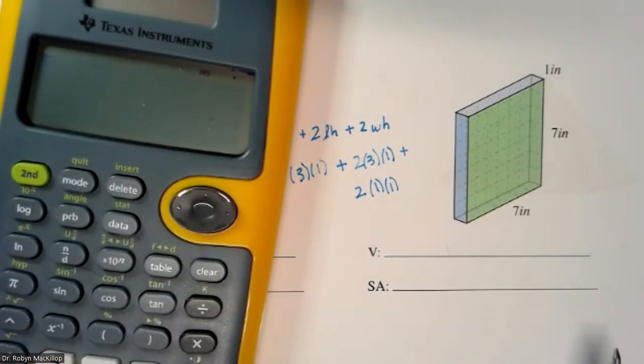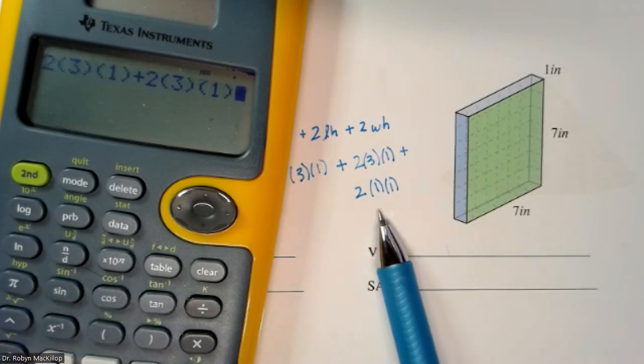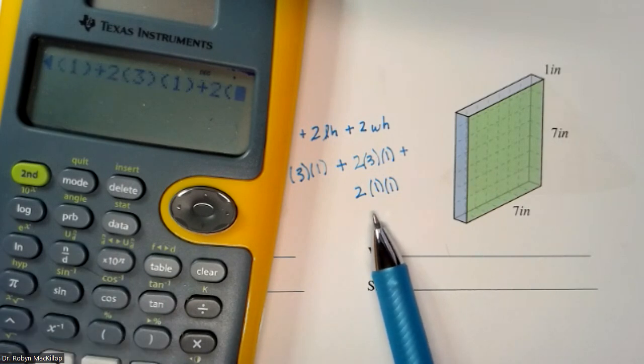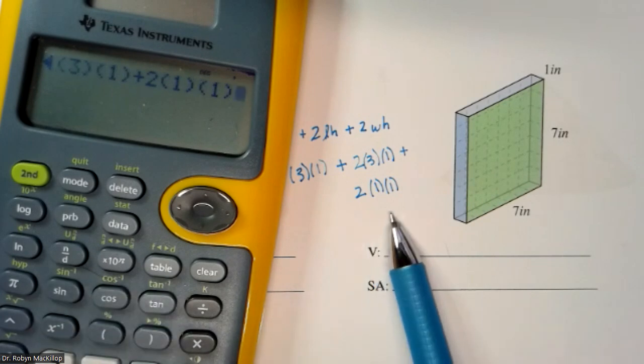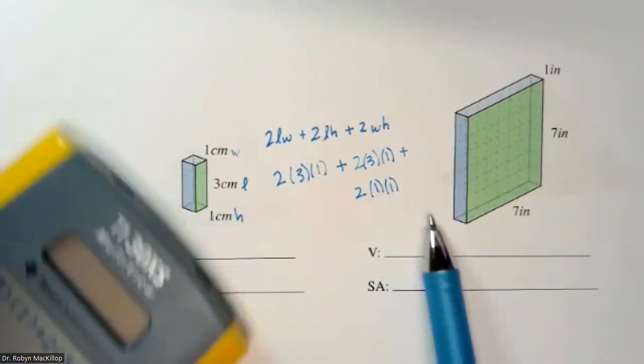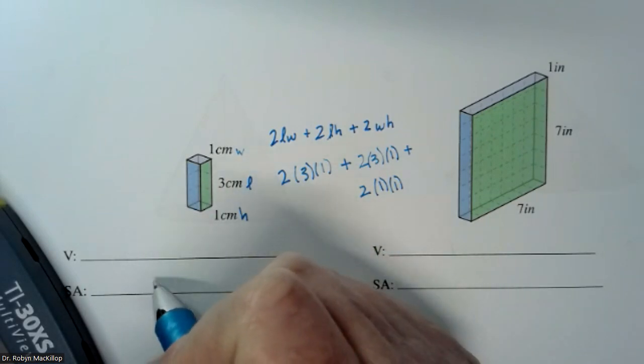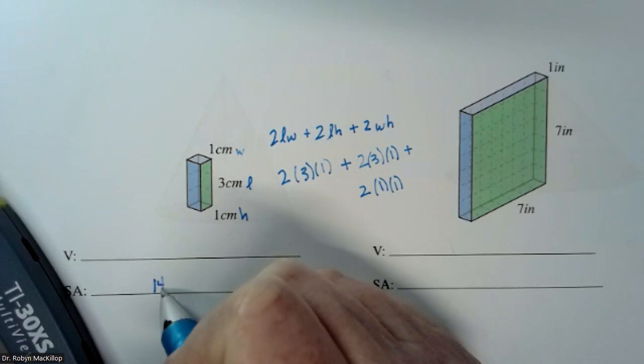We're going to have 2 times 3 times 1 plus 2 times 3 times 1 plus 2 times 1 times 1. So long but doable. 14. So the surface area of this particular little box is 14 square centimeters.